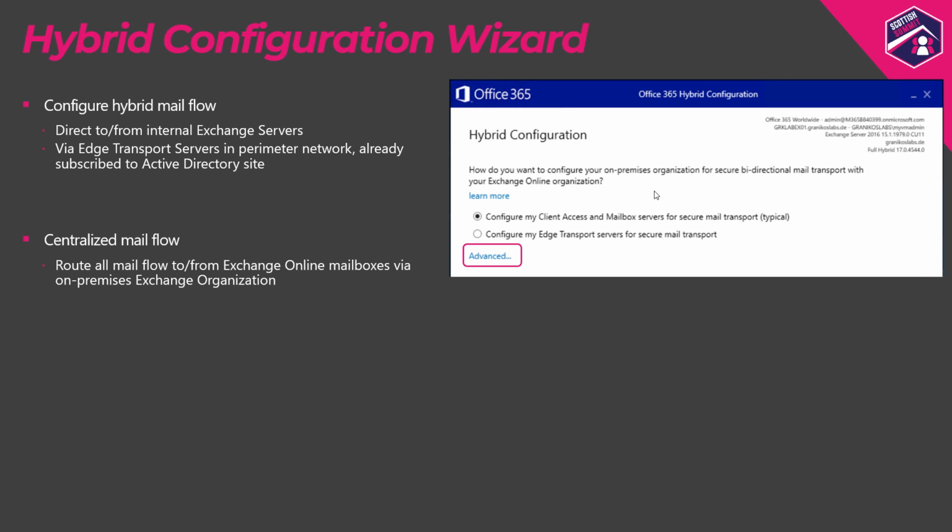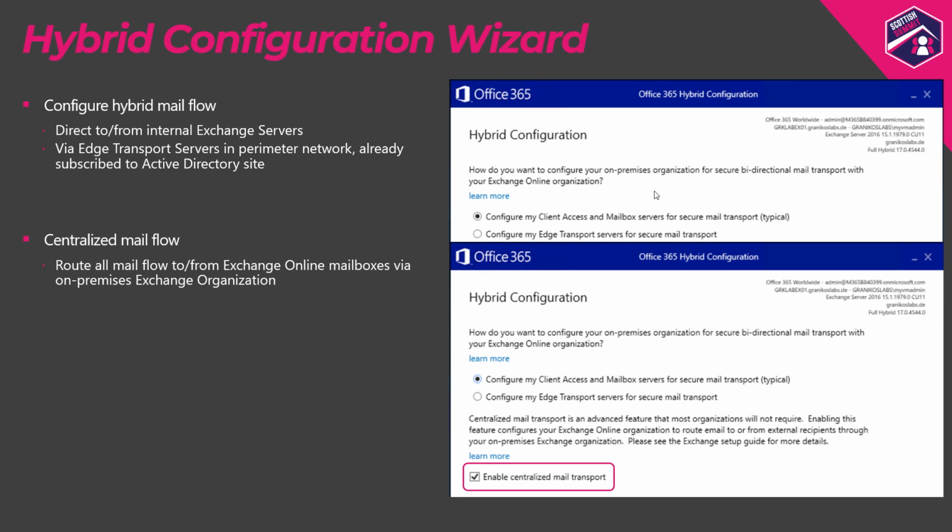The configuration for mail flow is a little bit tricky. If you want to use centralized mail flow, again, you want to route all your on-premises outbound mail to your on-prem Exchange, you need to click the Advanced label to get the option to enable centralized mail flow.